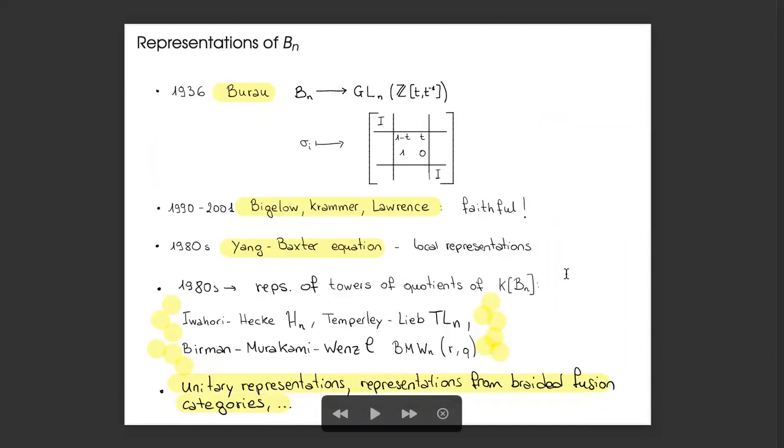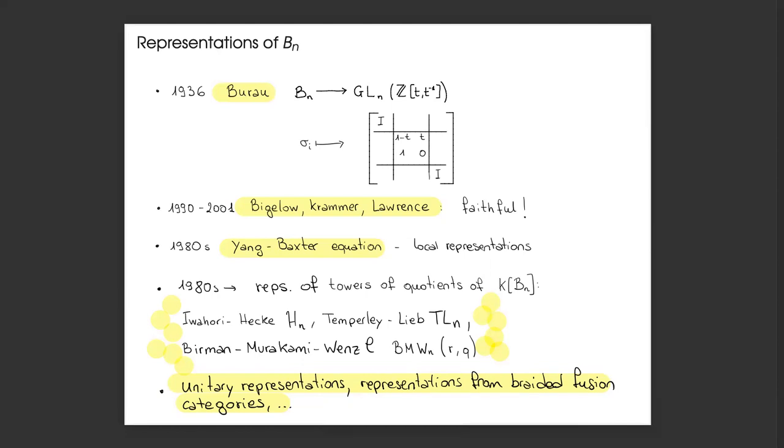And then if we want to push forward our paradigm of taking the braid groups and sending them into an algebra that has generators and relations, and go further on that road, we would get to Temperley-Lieb algebras. So we can talk about representations of braid groups that are linked to representations of Temperley-Lieb algebras, BMW algebras, and so on.